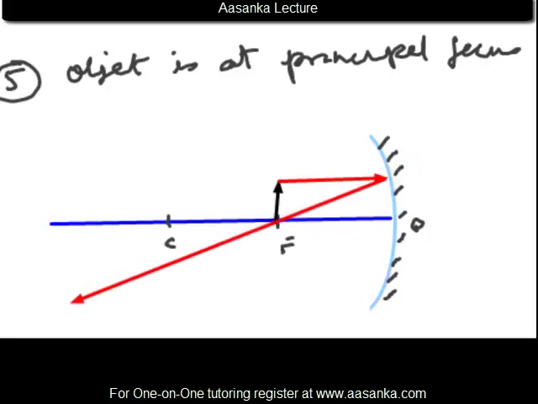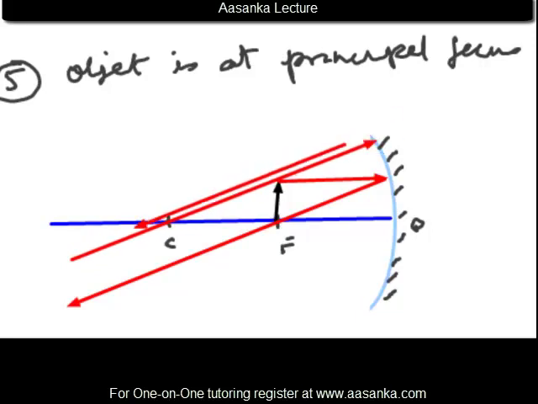So that you get the first ray, and then you say any ray which is passing through center of curvature will strike normally and will go back on the same path. So if this ray is, let's say, coming from center of curvature, it strikes, it will go back on the same path.